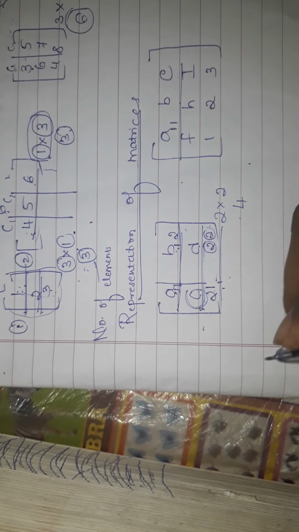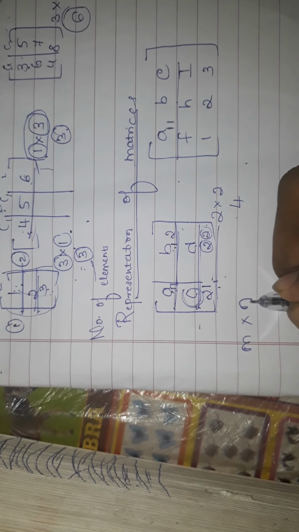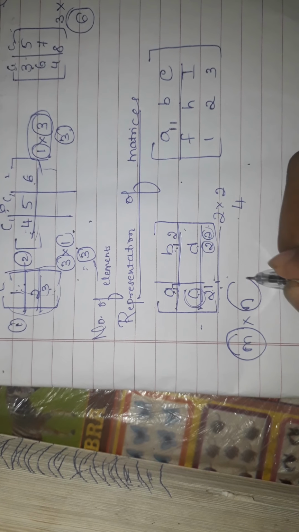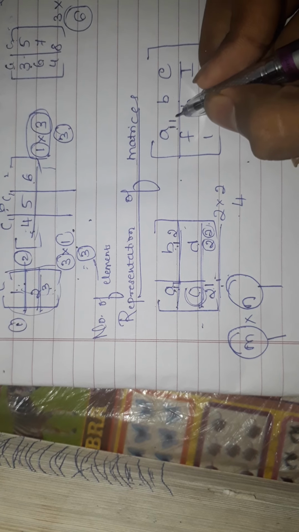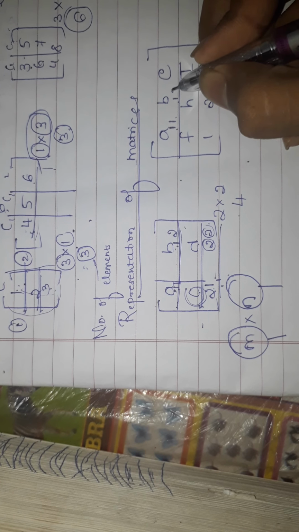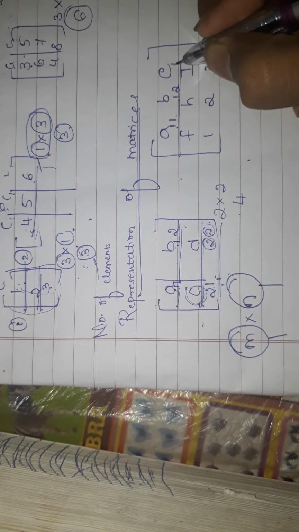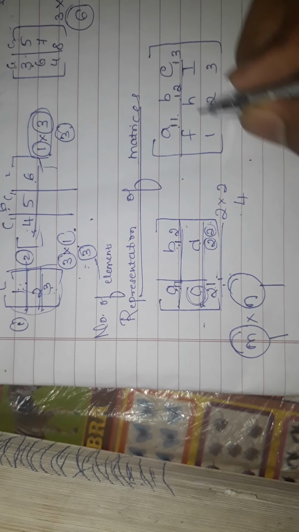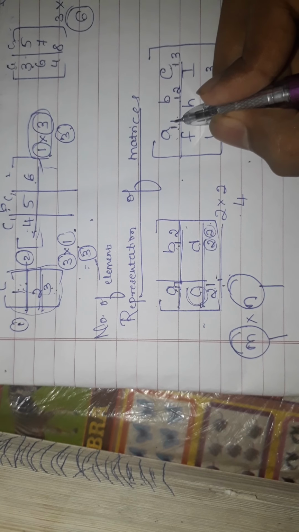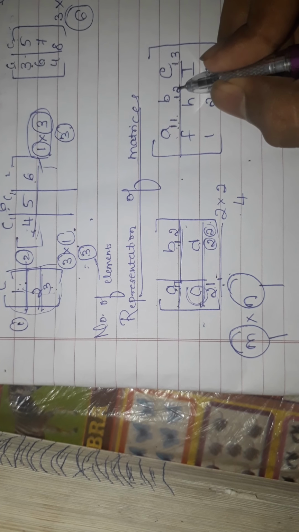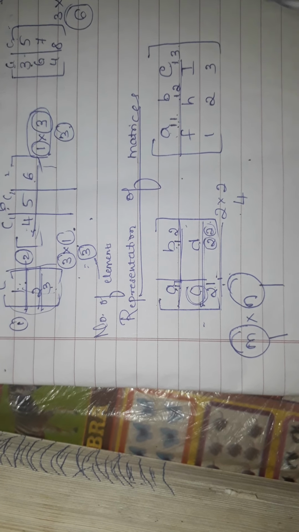What is the order of the matrix? Say m into n. First comes row, after that column. So first count the row and then the column. So first row first column, first row second column, and first row third column. This is clear. A11 we write, B12 we write, E13 we write, because first row first column, first row second column, first row third column.